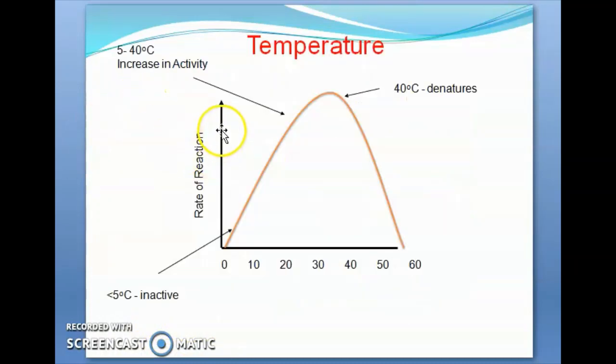See the x-axis and y-axis of the graph. On the y-axis is rate of reaction, then temperature. The peak point is at 40 degrees, after that is denaturation, and from 5 to 40 degrees there is an increase in activity.